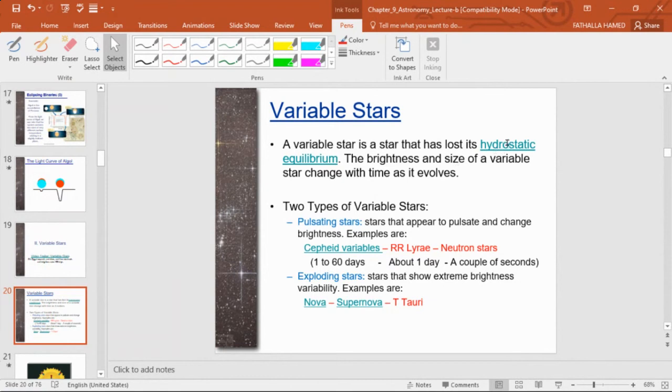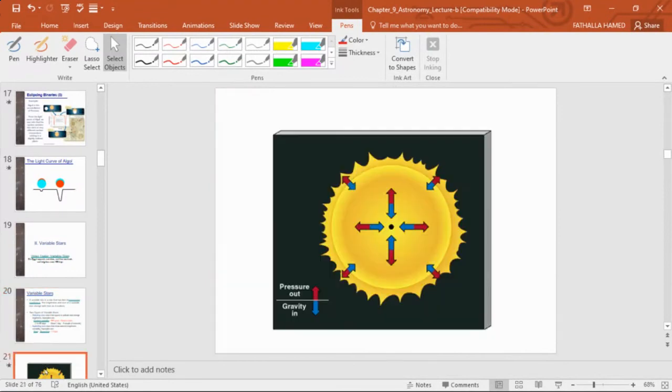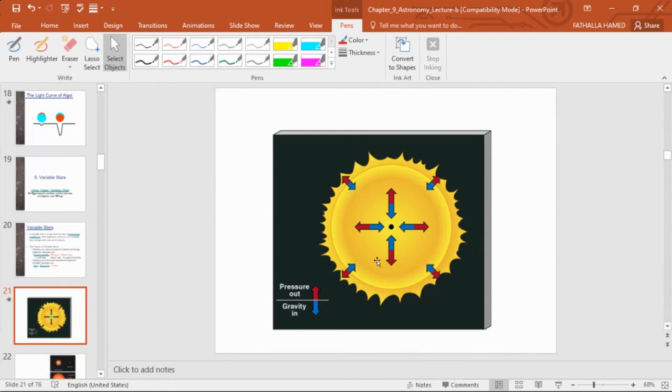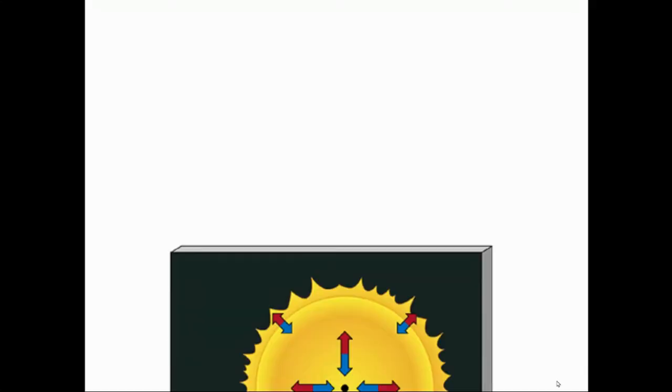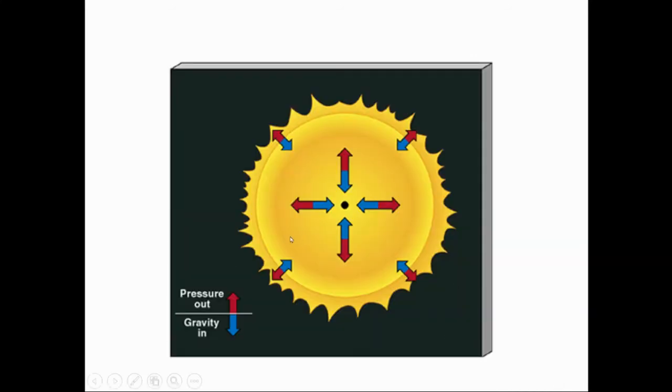And you know what a static is, okay? So when you look at stars, the stars usually have an effect of gravity that is trying to pull everything in, and the star pressure outward.